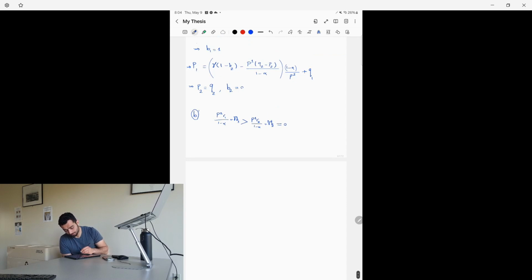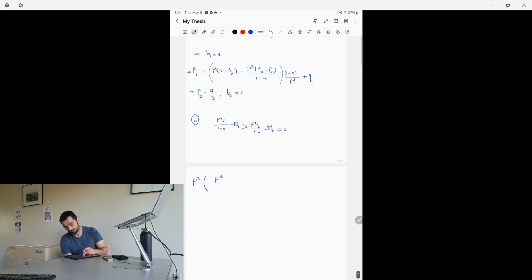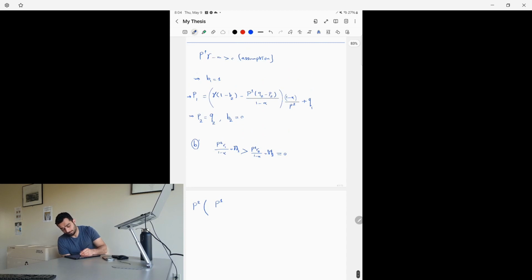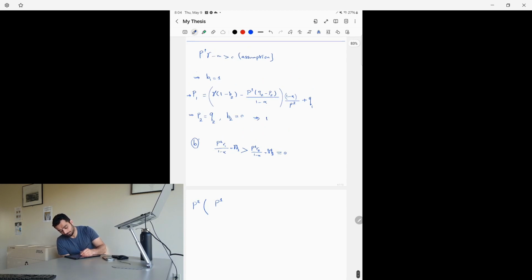So P2 R1, which is Q1 minus P1, then we can also say P1 will be 0. So Q2 minus P2 will be 0.